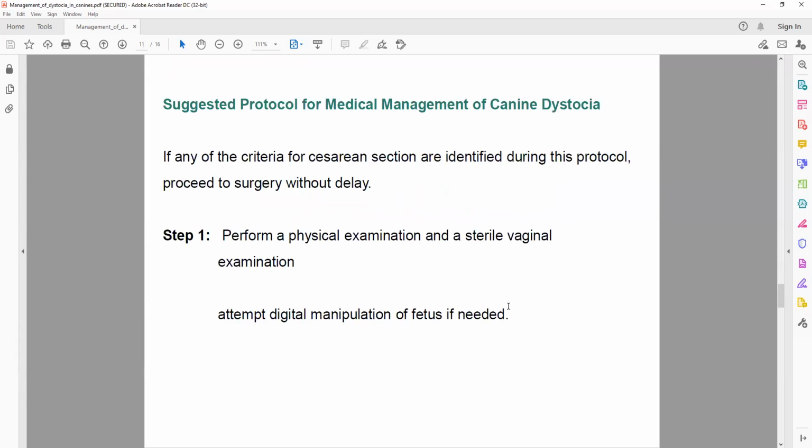So what will you do? There are certain steps to follow. First of all, forget about this pervaginal management. You have got a new case of dystocia. You diagnosed it through your anamnesis.